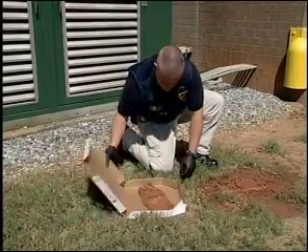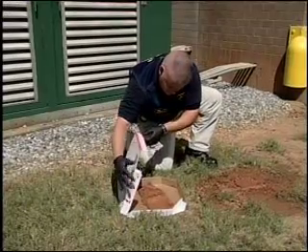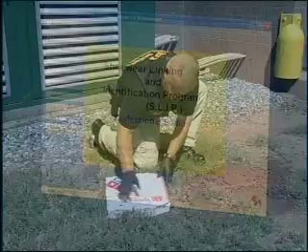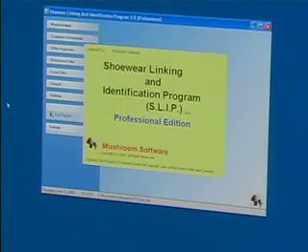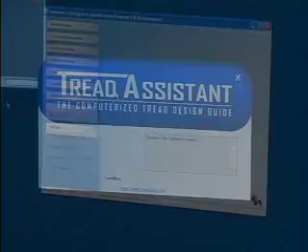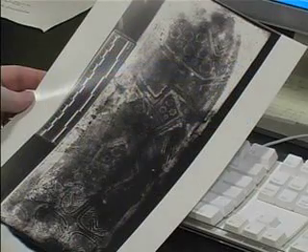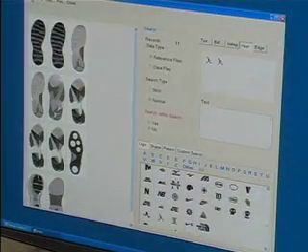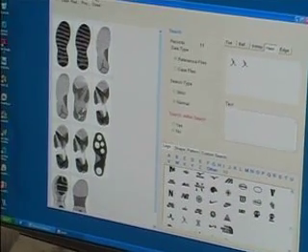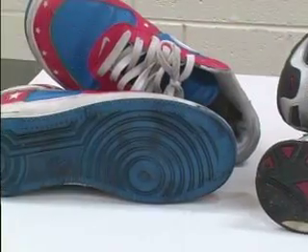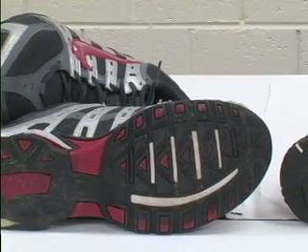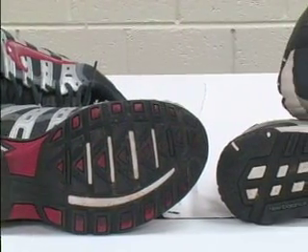Once the questioned impressions or prints are recovered and submitted to the lab, the examiners can do one of two things. They can determine the make, model, and possible size of the shoe or tire that made the questioned impression, or they can compare the questioned print to a known shoe or tire. Shoes are manufactured in several ways with thousands of different outsole designs and in numerous different sizes.